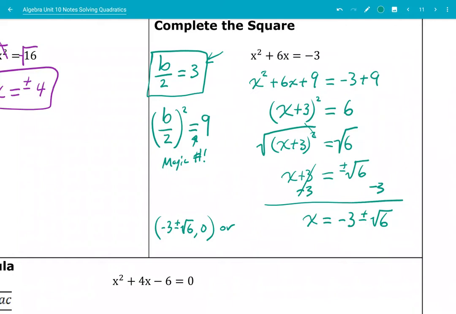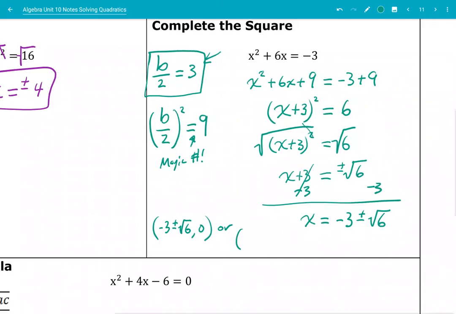Or you can plug those into your calculator if you really wanted to, and you would have minus 3 plus the square root of 6, and that would be minus 0.55, minus 0.55 comma 0, and the next one is minus 5.45 comma 0.